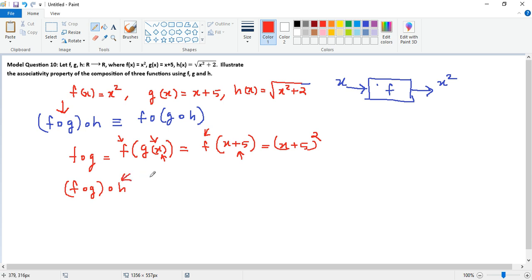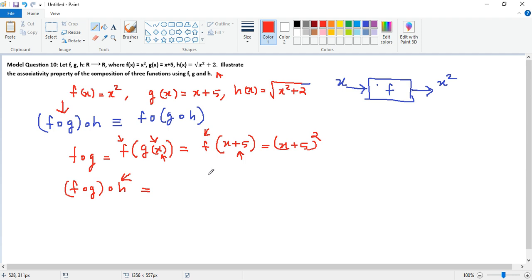That's what it means. h is the square root of x squared plus 2, and f o g is (x plus 5) whole squared.